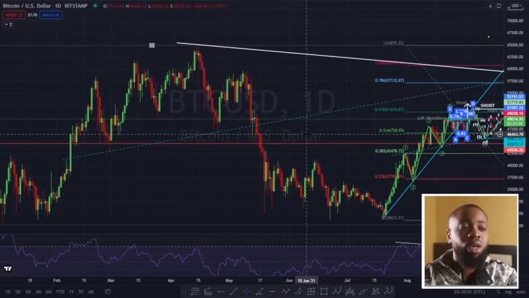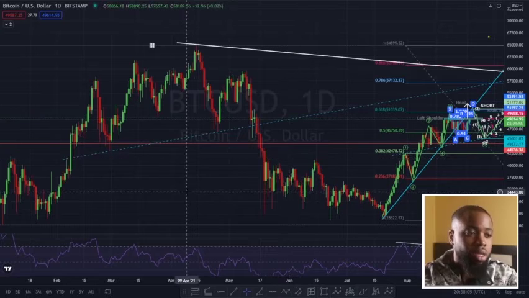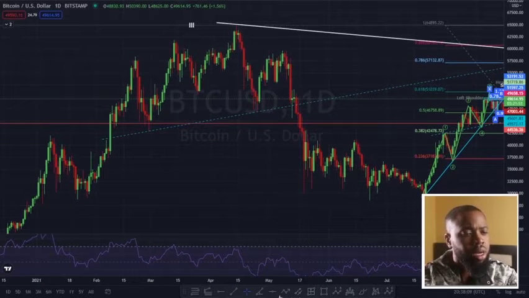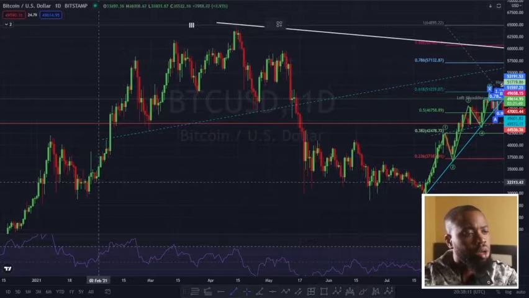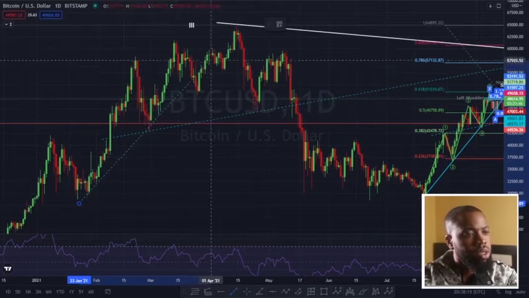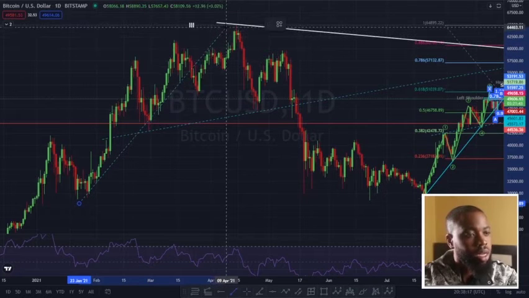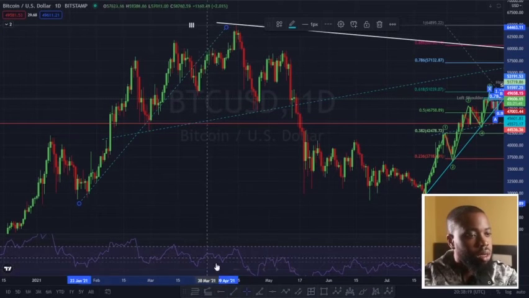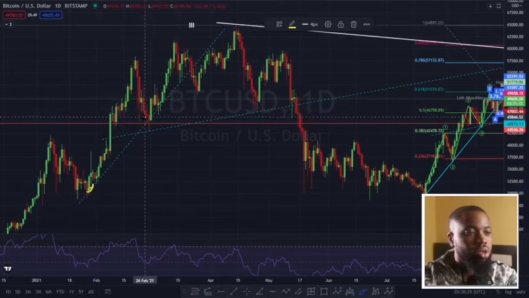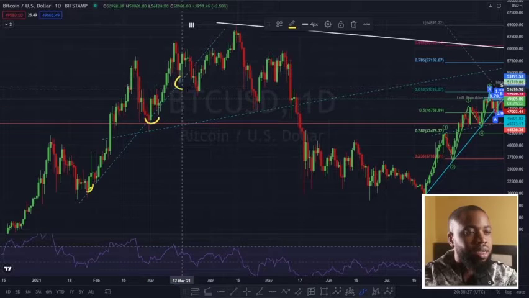I said in this video I'm going to show you guys a fractal of what's playing out currently. If you can see from previous price action, let's draw a trend line like this. To me, this was the trend line, with 3 touch points: 1, 2, and 3. The wicks.